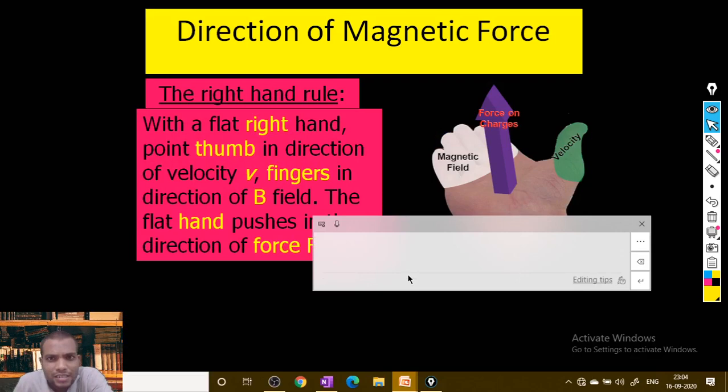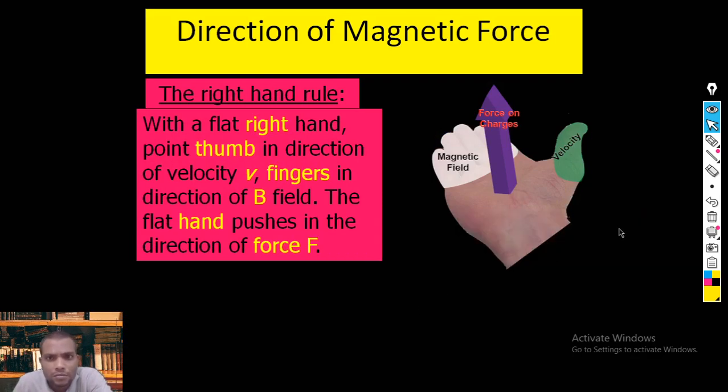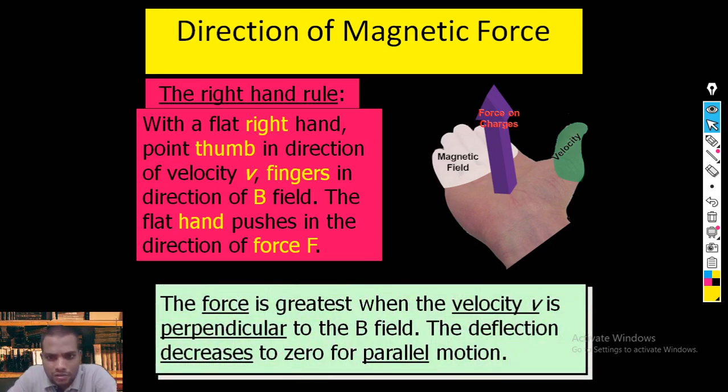To find the direction of magnetic force, we use the right hand rule, Fleming's right hand rule. With a flat right hand, point the thumb in the direction of velocity, fingers in the direction of magnetic field. Then the flat hand pushes in the direction of force.